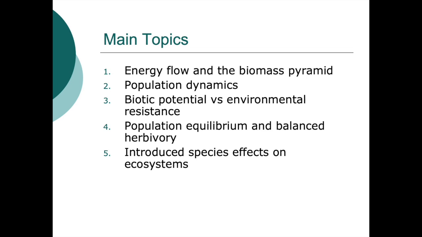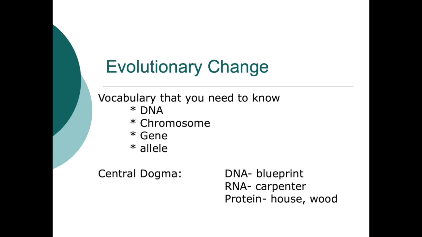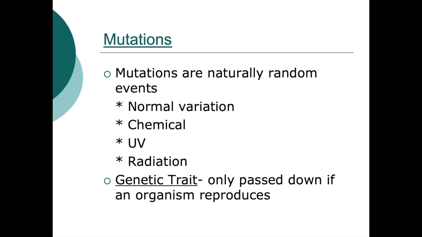And so we've talked about the energy flow, we've talked about the pyramid. Let's talk about evolutionary change real quickly. Make sure that you do understand DNA, chromosomes, genes, alleles. Remember, alleles are flavors of ice cream. Color of hair, black, brown, red: those are all different flavors, all different alleles. Mutations are normal.